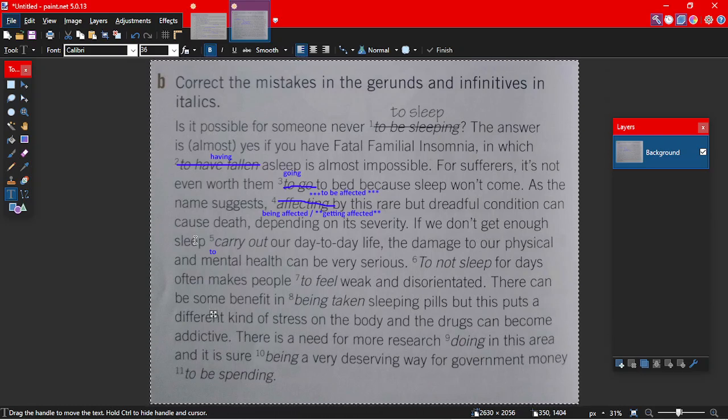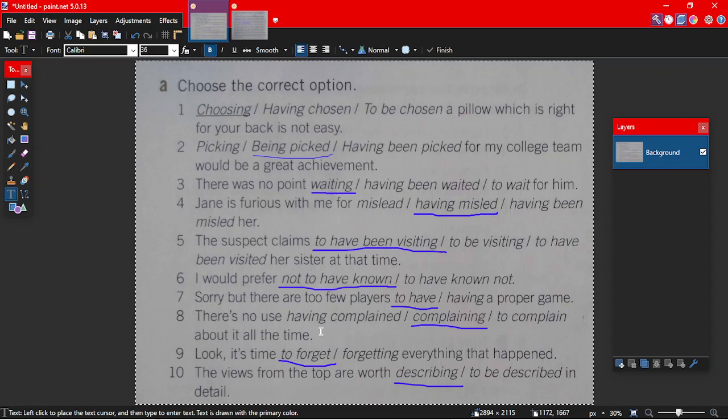It kind of implies a cause and a consequence, right? For example, in the previous activity, item number 7 says there are too few players to have a game. It's a cause and a consequence.